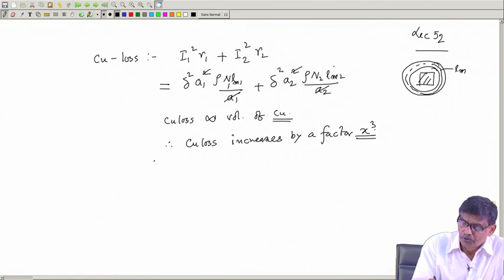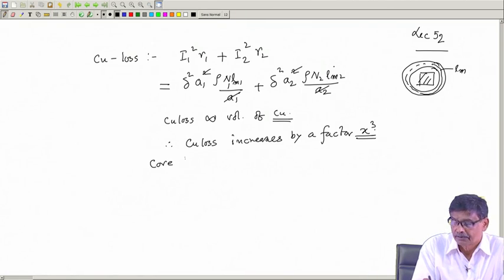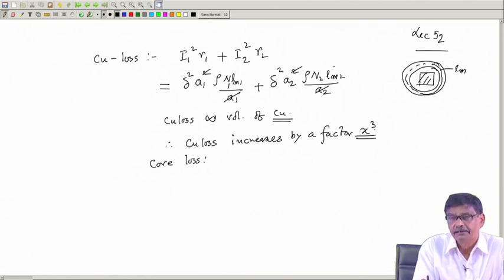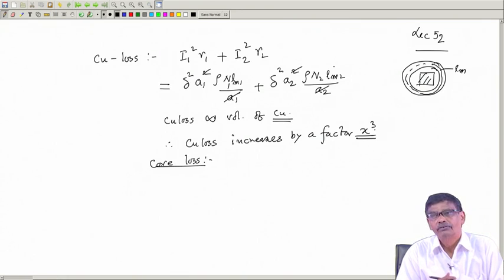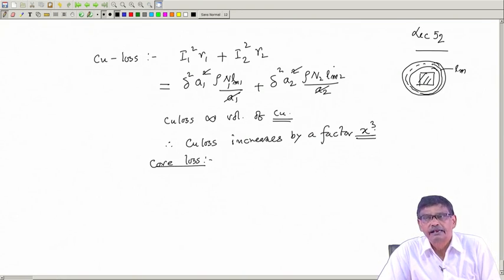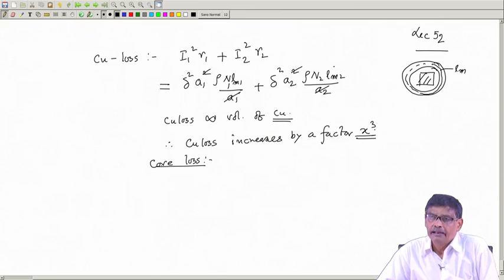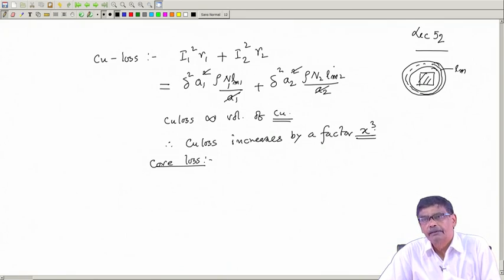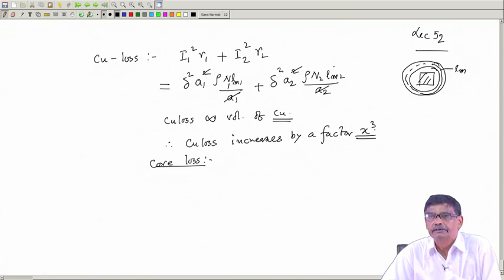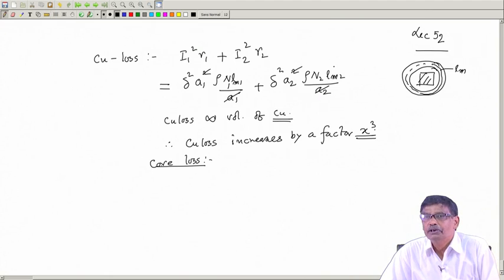Similarly, for core loss it is much simpler, because we have already seen the core loss comprises of eddy current loss and hysteresis loss, and eddy current loss is proportional to Bmax square, f square, tau square, where tau is the thickness of each lamination, and that is per unit volume.